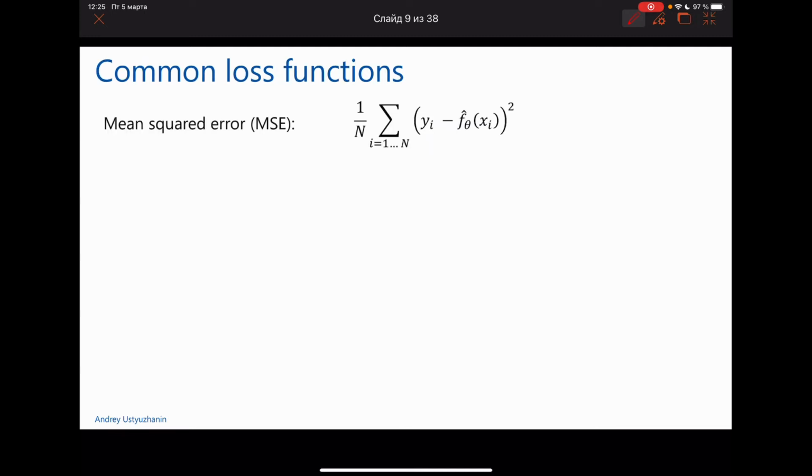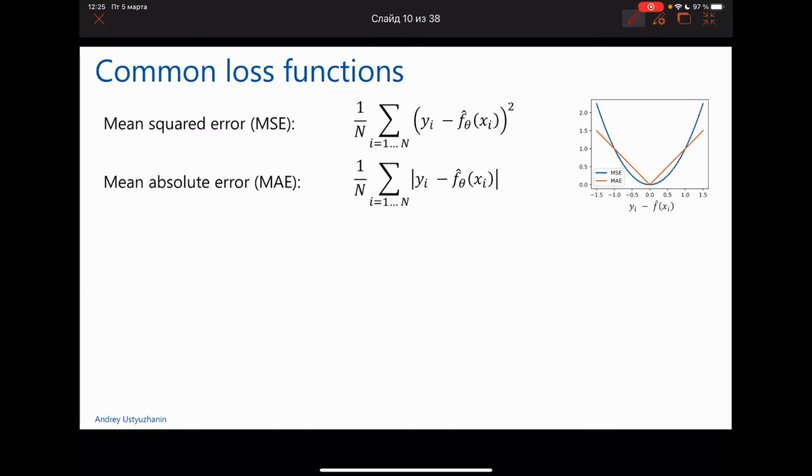So, what kind of loss function can be used for building linear regression? We saw that mean squared error is one of the examples. Also, it could be mean absolute error. So instead of the squared function, we have just the modulus of the difference between prediction and the ground truth. The benefit of using this function, despite it not being differentiable at a single point, is that it behaves much better with respect to outliers, the points that sit far away from the central mass of your points.